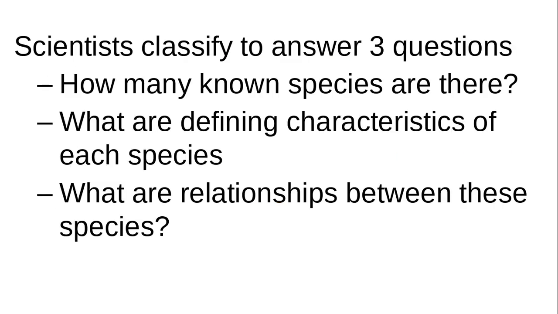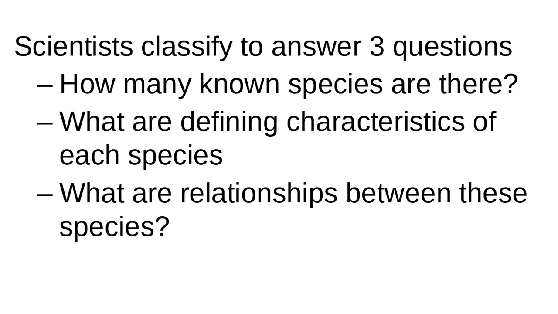So when we classify, or when a scientist classifies, they're trying to answer three questions. One, how many known species are there? Okay, how many known total organisms or species are there in the world? Two, what are the defining characteristics of each species? How is each species special or different from other species?